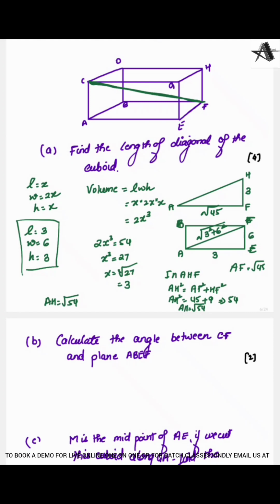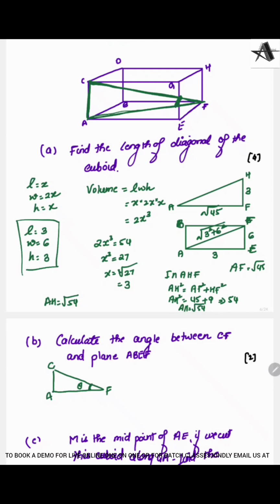So for ABEF, the diagonal is AF. Now you can clearly understand they're talking about this triangle and this angle. This right angle will help you in calculating the angle. So ultimately they are asking you to calculate the angle between CF and the diagonal AF, because the representative of that plane is the diagonal AF, and between them is theta.